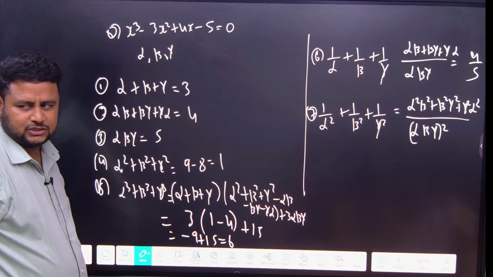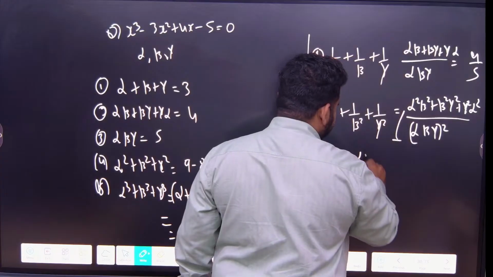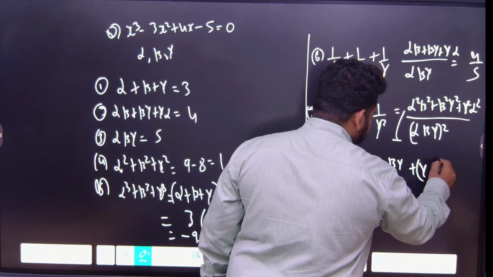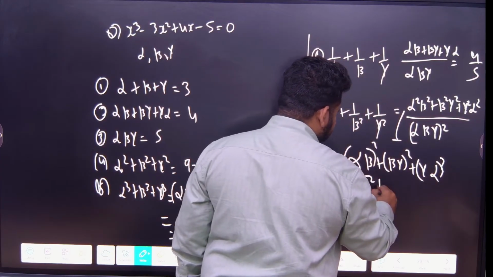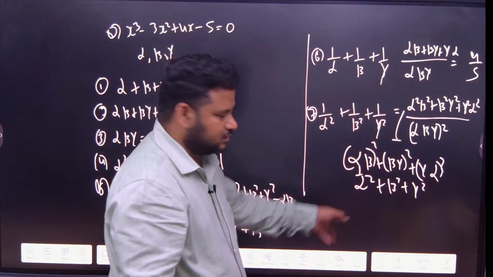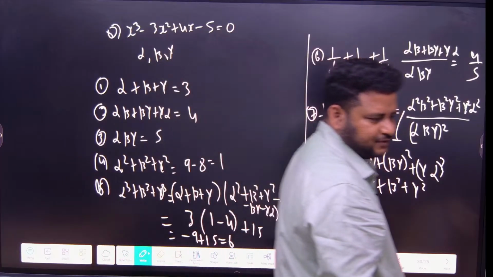Clear? Understood? This is nothing but we treat it like alpha square plus beta square plus gamma square. This formula you have to apply, but with alpha beta, beta gamma, gamma alpha. That's all. Clear? Understood?